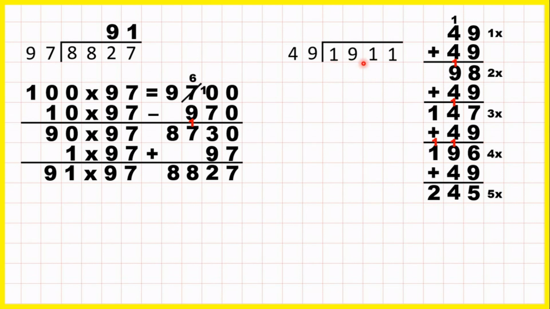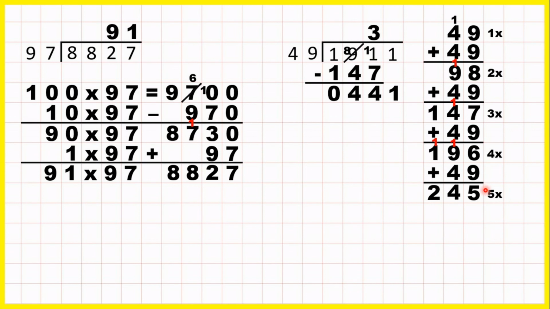So if we do 191 divided by 49, the closest number to 191, which is still less than 191, is 147. So we can write that underneath, and because it's 3 times, we write 3 in our answer line. Now we do the subtraction, and we bring down the last digit. Now we've got 441 divided by 49.